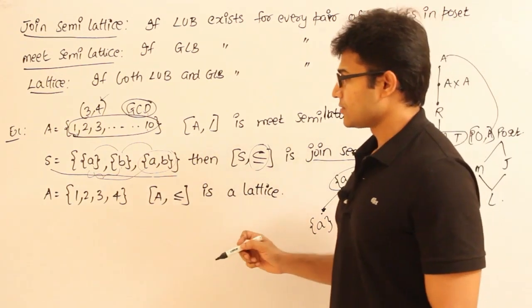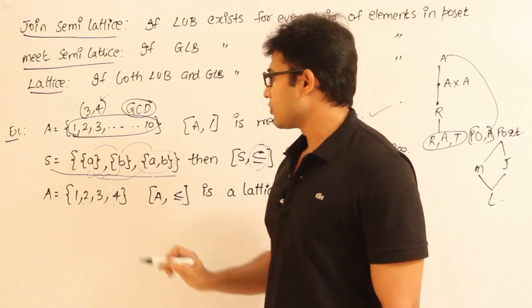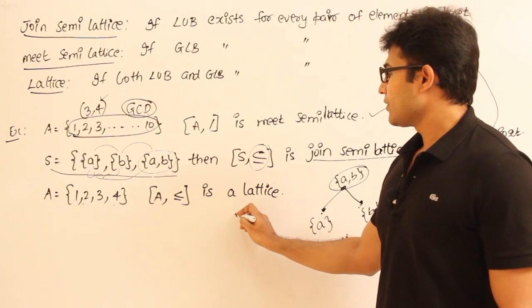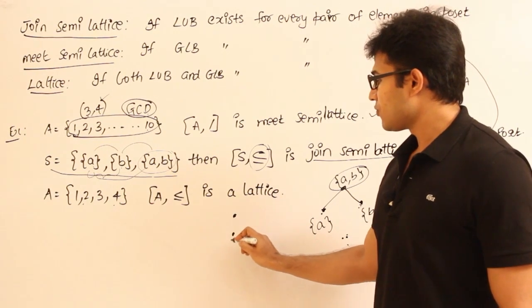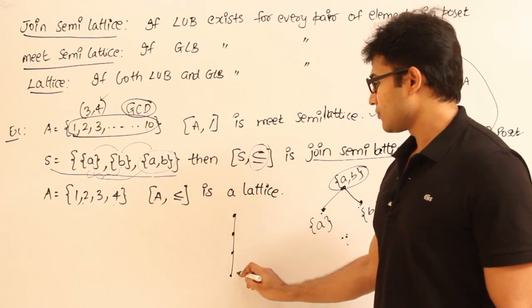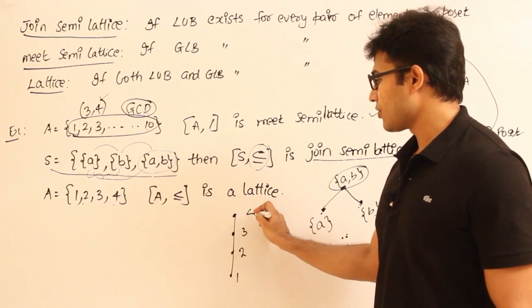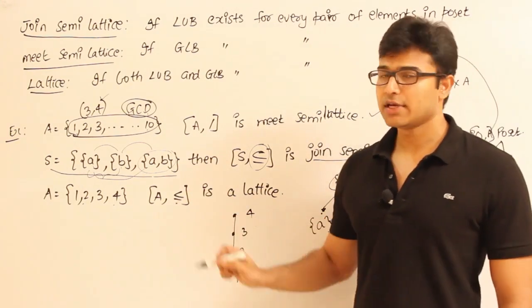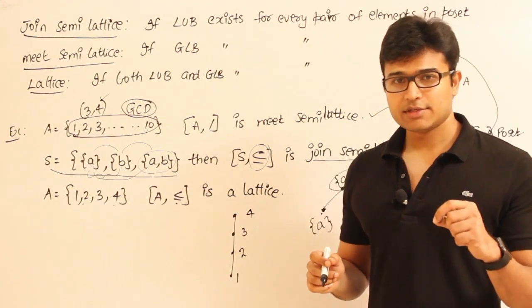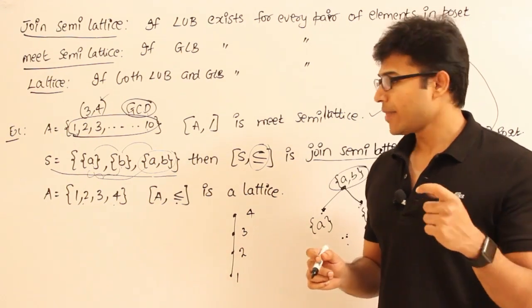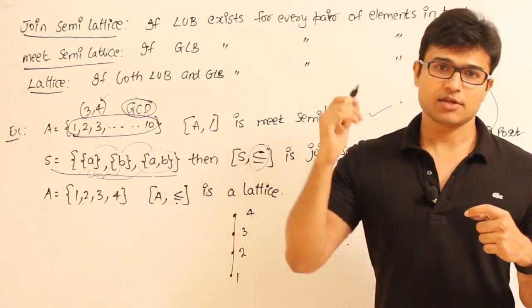Now see this one, A equal to {1, 2, 3, 4}. We have 4 elements here, and less than or equal to is the relation. Now if you try to put it in the form of a lattice, you will definitely see that it is a chain 1, 2, 3, 4, right? And we know that for the less than or equal to relation, the minimum of 2 elements is the greatest lower bound, and the maximum of 2 elements is the least upper bound.